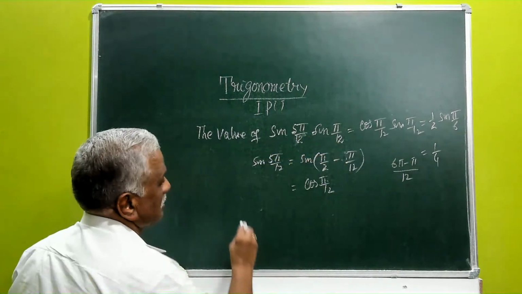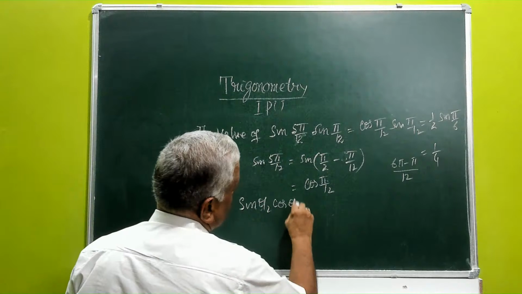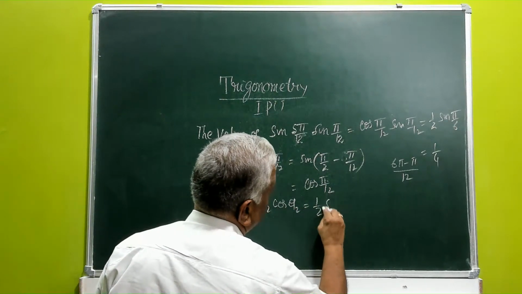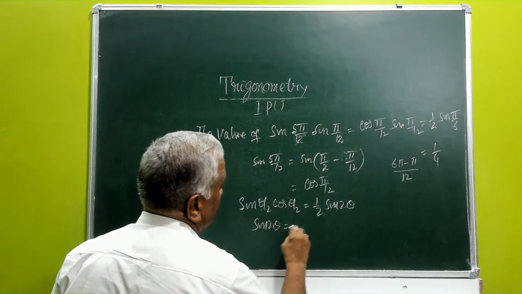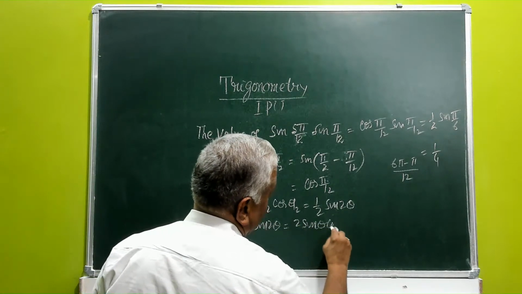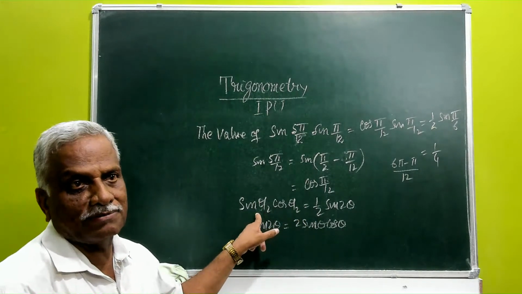What is the formula we used? Sin theta by 2 into cos theta by 2 is half sin theta. You remember this formula, sin 2 theta is 2 sin theta cos theta, or sin theta is 2 sin theta by 2 cos theta by 2.